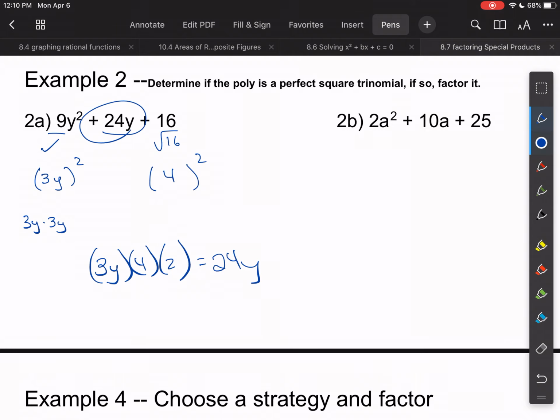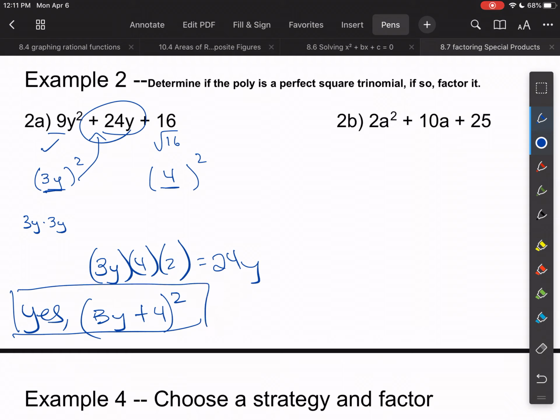So the answer is yes, this is a perfect square trinomial, and the factor is 3y, with this sign, plus this thing squared. Sorry if this looks a little funky here, but this should be a 3. There you go. So that's example 2a.